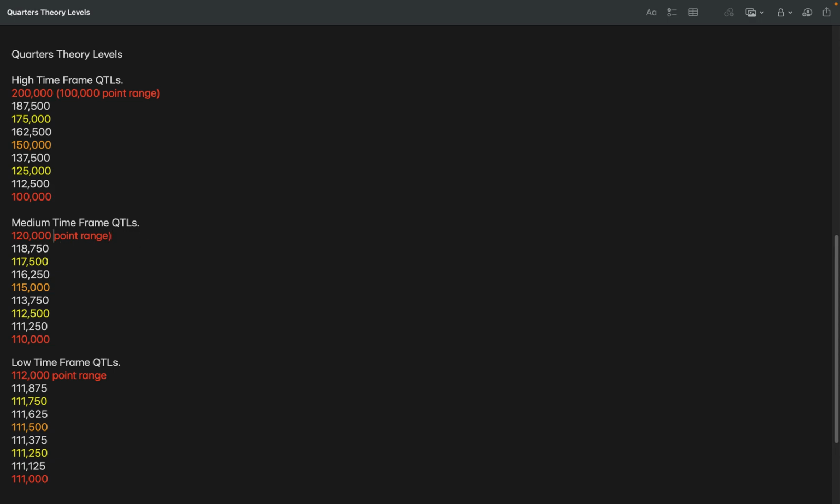This is the 10,000 point range. This is the 1,000 point range.